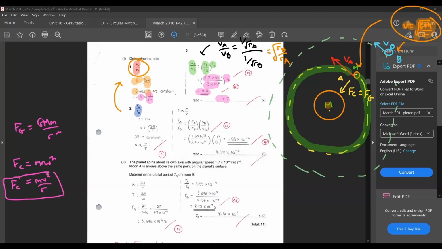If you recall what you learned in circular motion, there was an equation that related velocity and period together. Look at the first page of circular motion from last time, I mentioned to you that omega is 2 pi over T, and then v is 2 pi r over T.